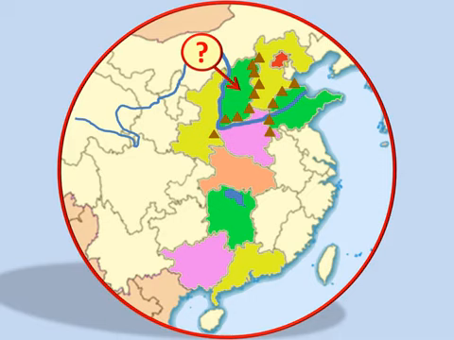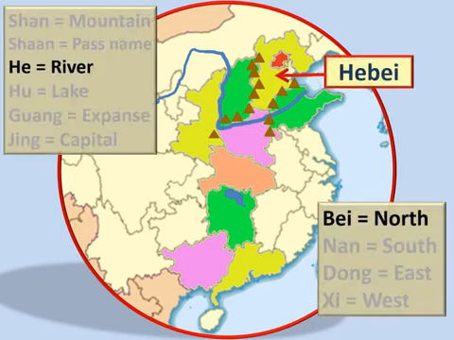What's the name of this province? 山西. What's the name of this province? 陕西. What's the name of this province? 河北.